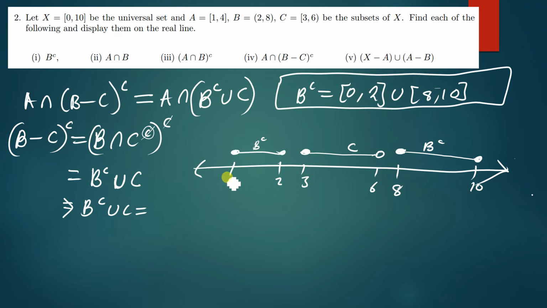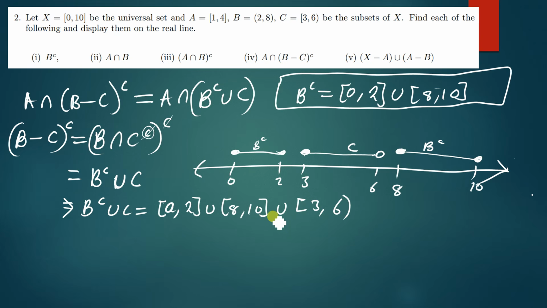So the union set between these two, because there is no common part, there's no connection between these sets, will just be 0 to 2, union 8 to 10, union our C here, which is 3 to 6.